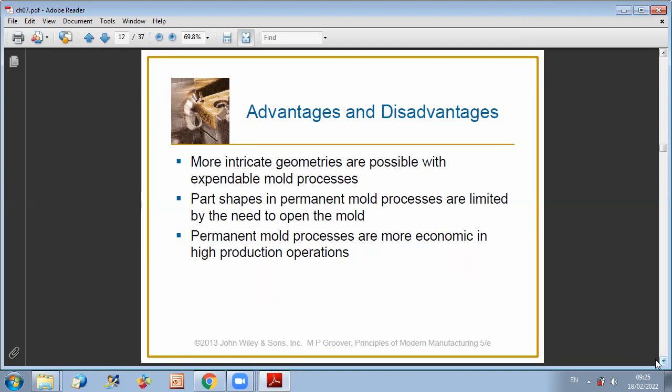Now, permanent mold processes are more economic and can be used in high production operations because, as we said, we can use the same mold several times. In general, expendable mold processes are used to produce sophisticated geometries, and the production will not be very high, but the cost of the object produced will be higher. So depending on your application, you select the convenient type of mold to use.